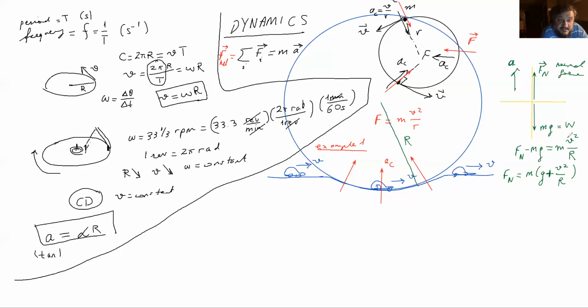Okay, so if this was, let's say, a bus, and you're standing on top of a bathroom scale, right? When the bus is here, the bathroom scale would read your actual weight. But when you're at the bottom, the bathroom scale, which shows the normal force, will show you a number which is greater than your actual weight.